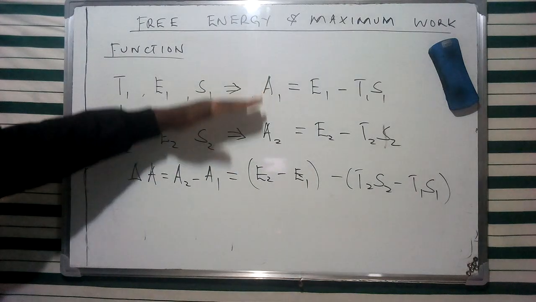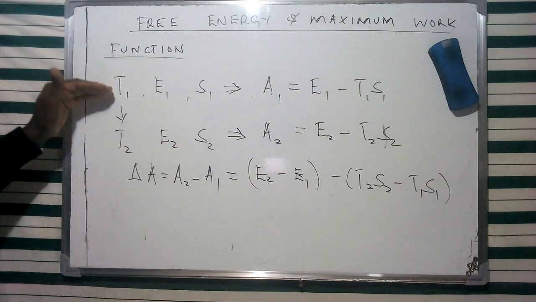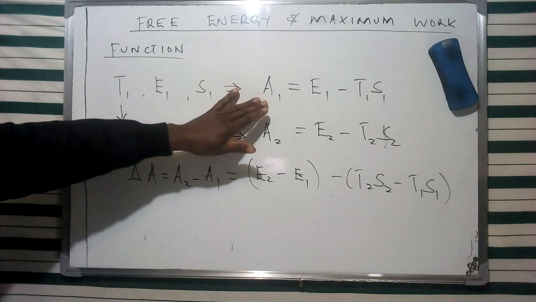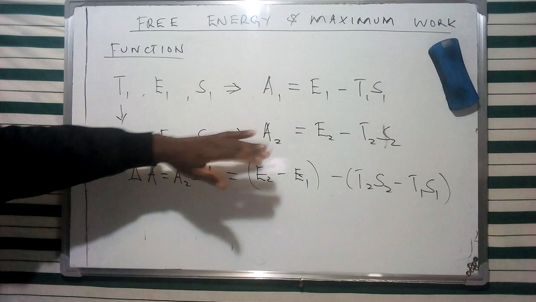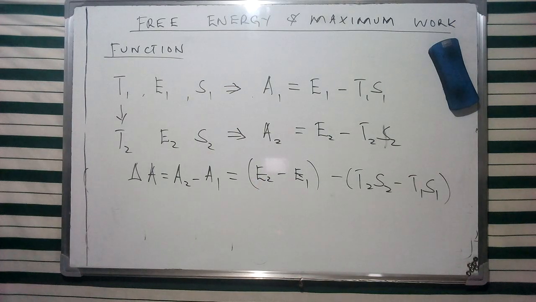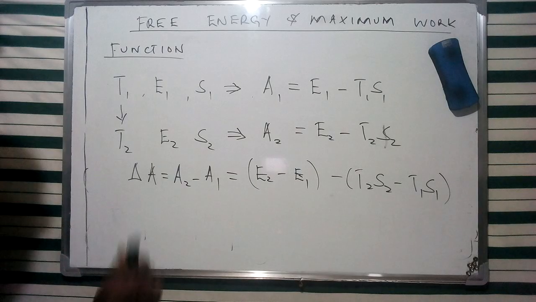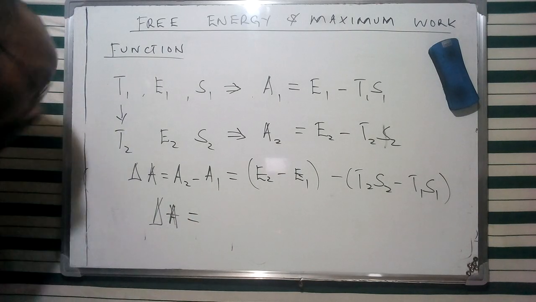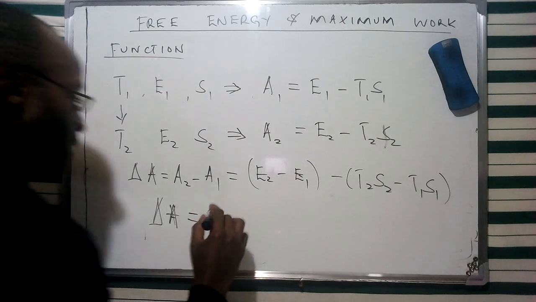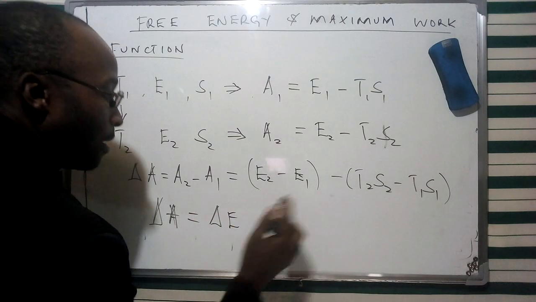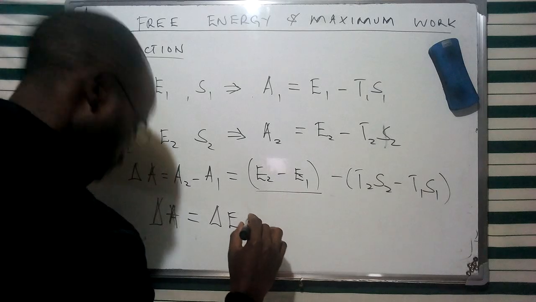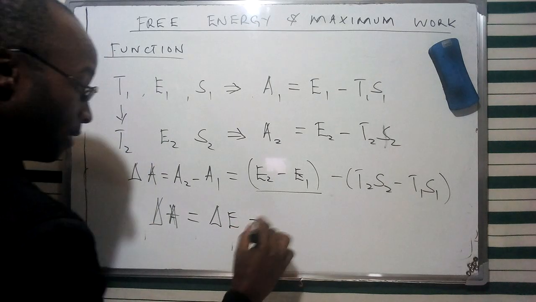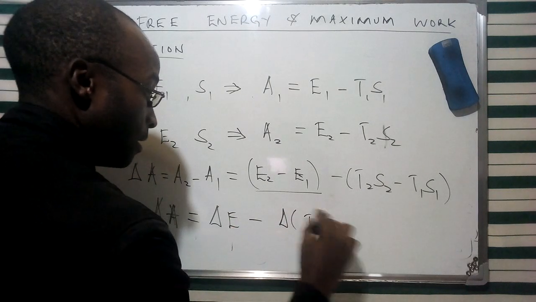So we represent this change from T1 to T2 of the Helmholtz free energy using this representation, and we come up with an overall representation for delta A given in terms of a change in energy, delta E, and then the second bit given as delta TS.